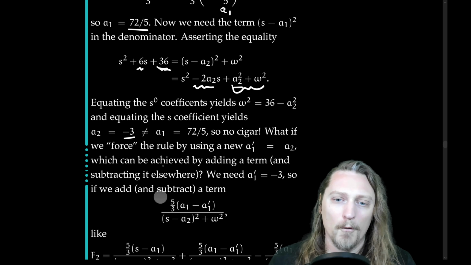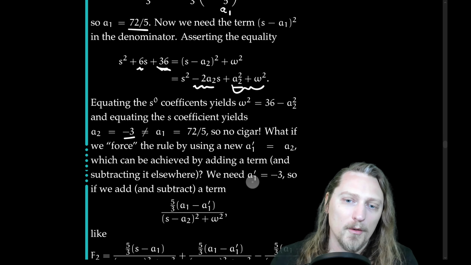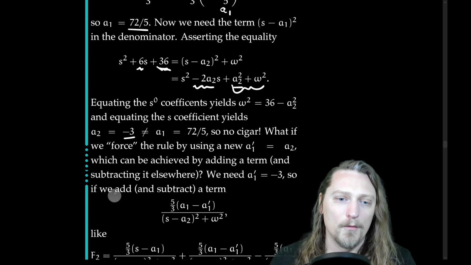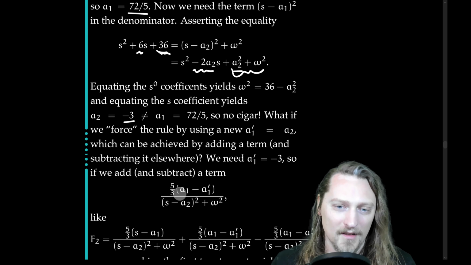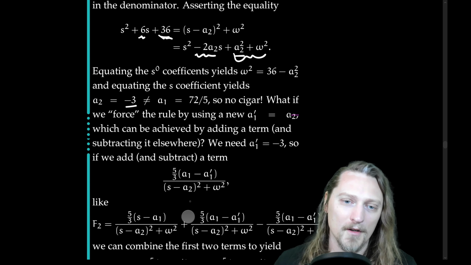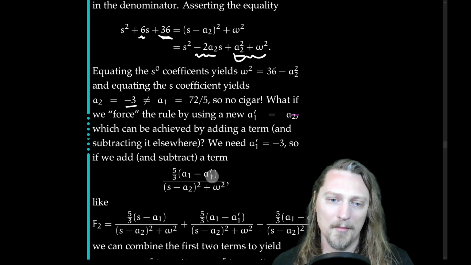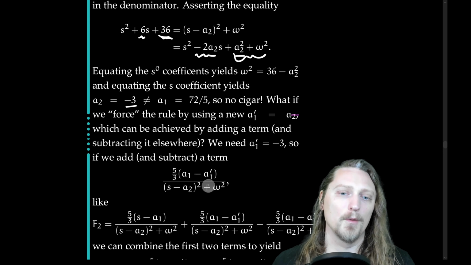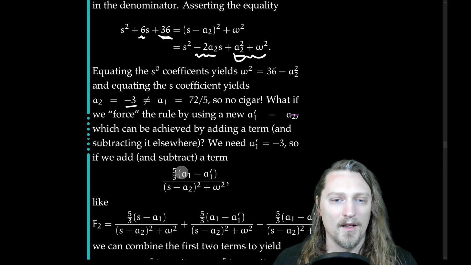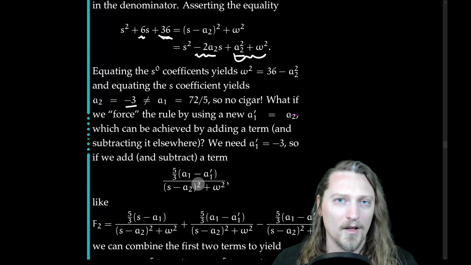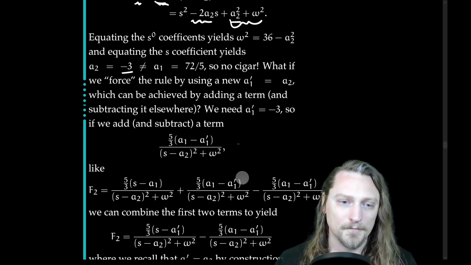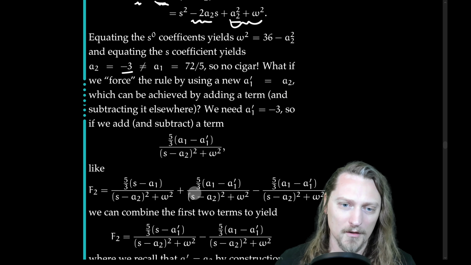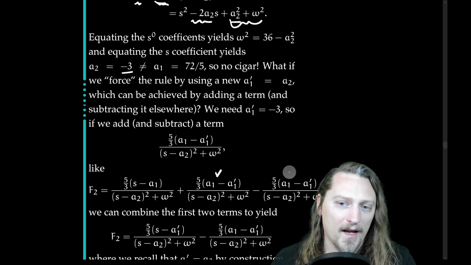So we need a1 prime, our new a1, to equal -3. So if we add and subtract a term, this term, okay, so 5/3 a1 minus a1 prime divided by s minus a2 squared plus omega squared. This is the term that we're going to add to our f2, okay? So let's add it to our f2, which is what we did here. And then we know we have to also turn around and subtract it, right?